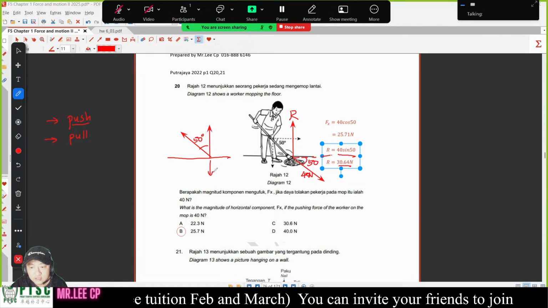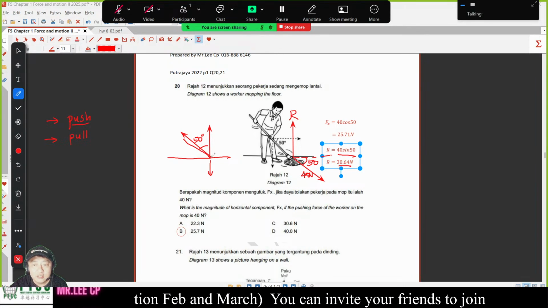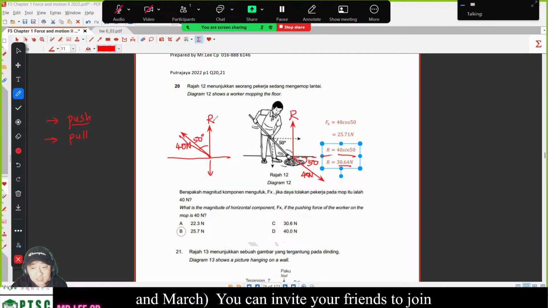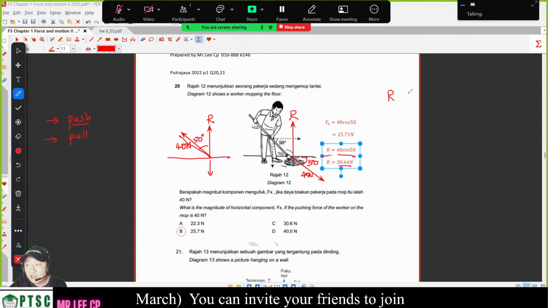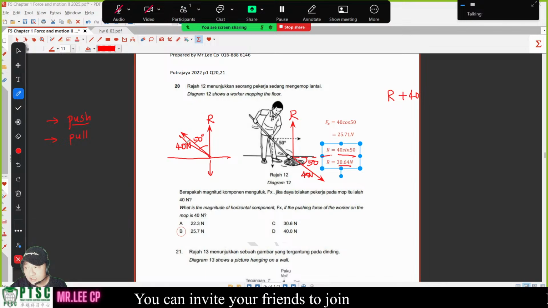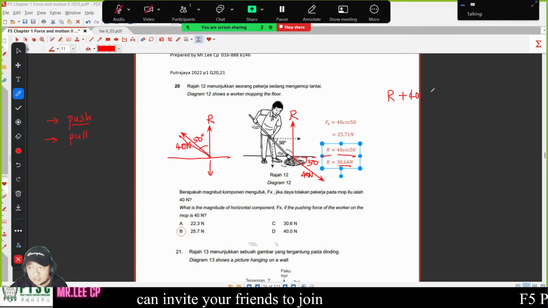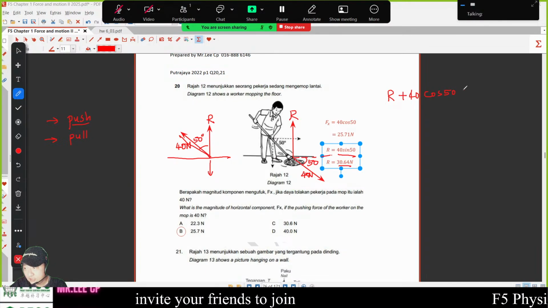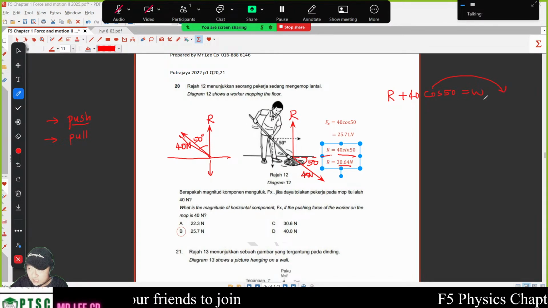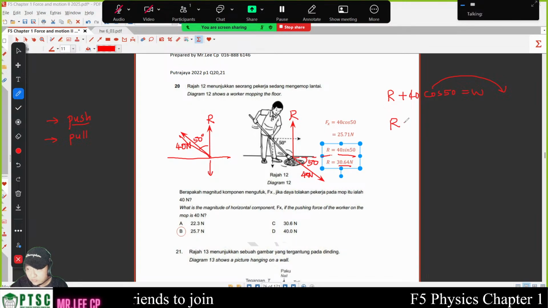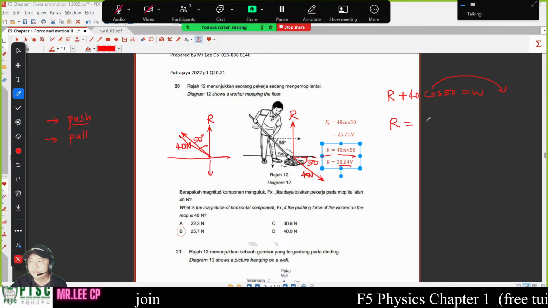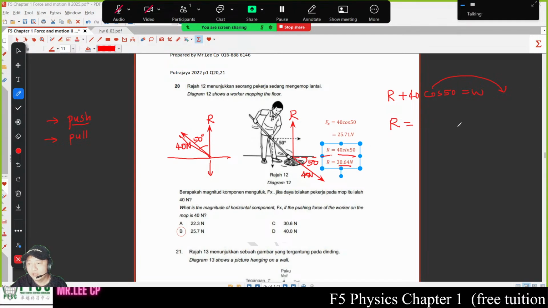So this is the weight. Now this force is 40 Newton, pushing upward. This is R. So R plus 40 sine 50... cos 50 is equal to your W. So you bring this one down to here. R is equal to, so this one doesn't have a weight, so I bring it to here.